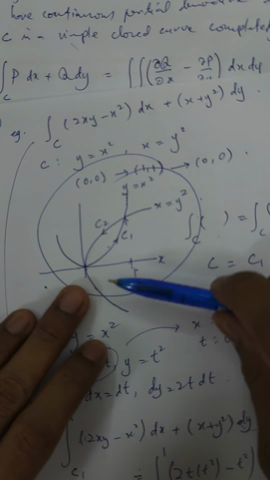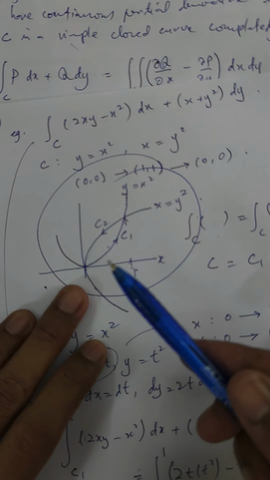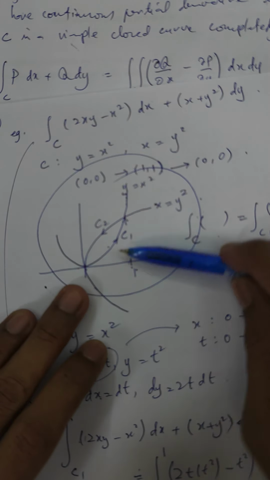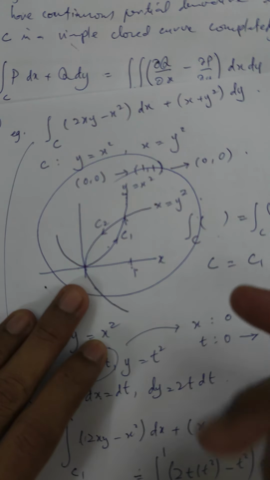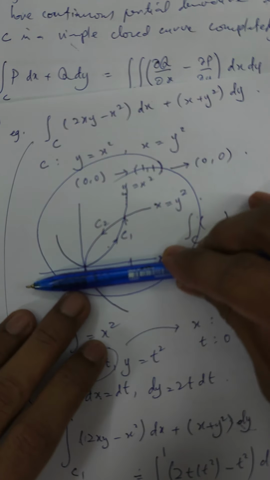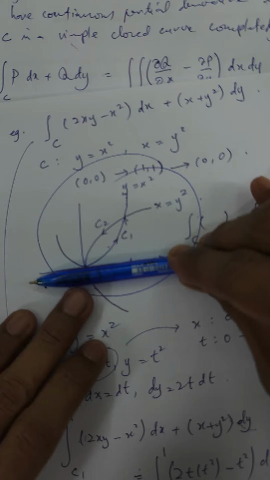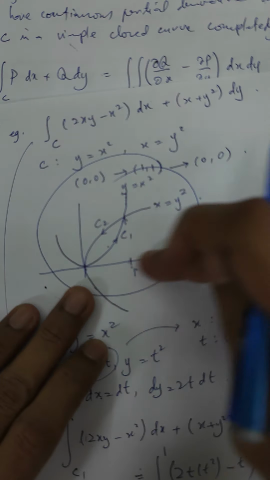For y, we take the smaller function as the lower limit and the bigger function for the upper limit, with respect to the axis we are dealing with, which is the x-axis.